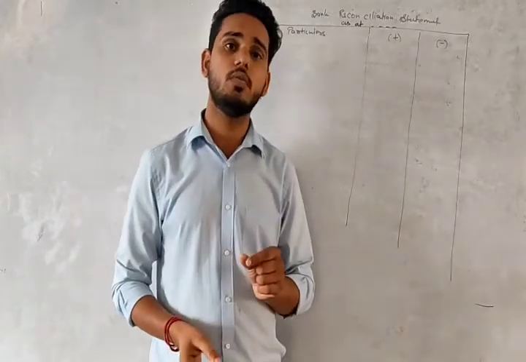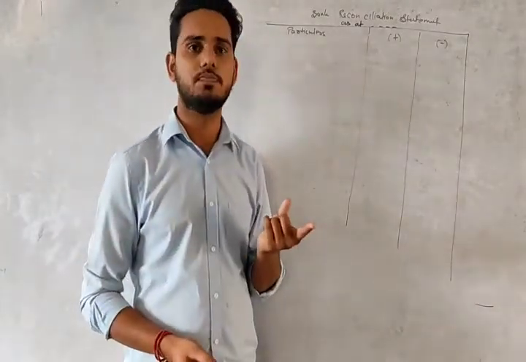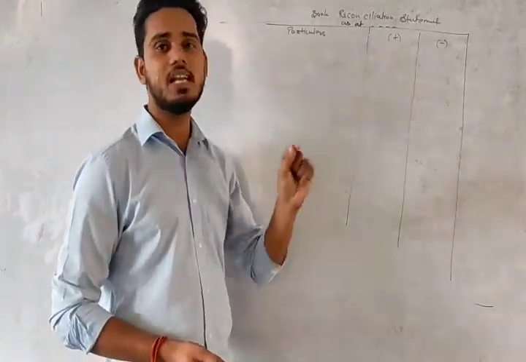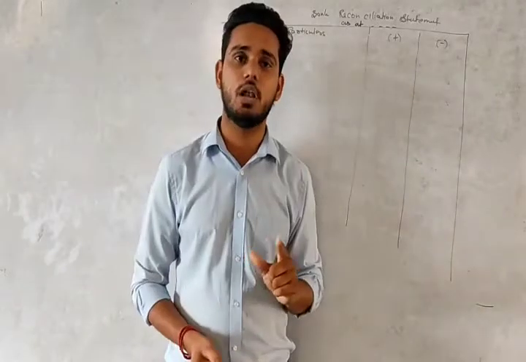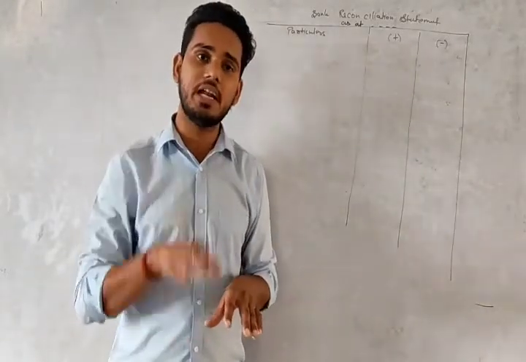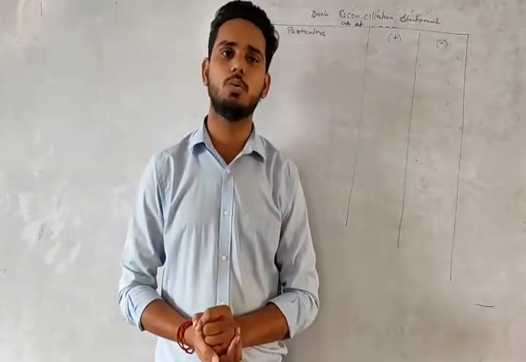So the first thing you will do is write here the balance given to you. If that is a positive balance, you write in the plus column. If that is a negative balance, you write in the minus column. And you will make changes, meaning you will add or deduct, only in that book which is given to you in the question.